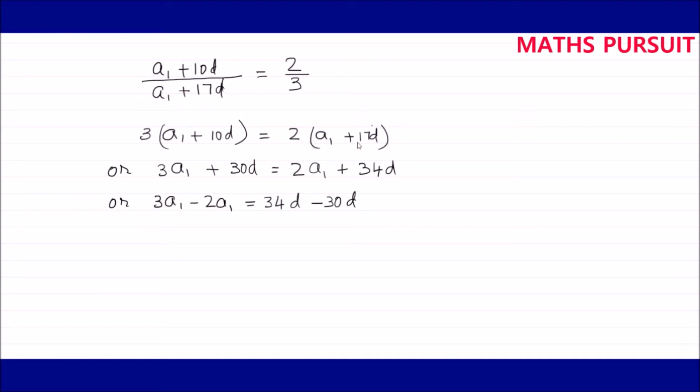So what I did, just brought this 2A1 from the right side to the left side, and this 30D from the left side to the right side. 3A1 minus 2A1 is nothing but A1, so A1 is equal to 34D minus 30D, which is 4D. So guys, we got the value of A1 is 4D.